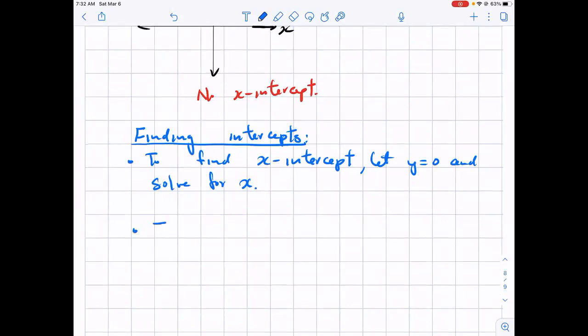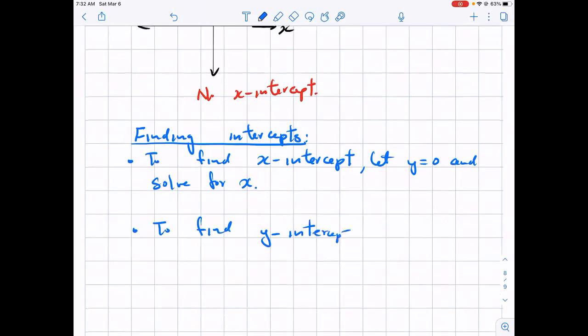And to find the y-intercept, let x equal 0 and solve for y. So those are the two conditions.